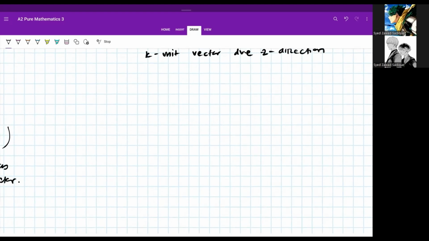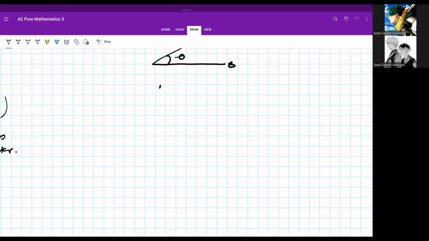Now, if there is an angle, so this is A, this is B, and this is theta, we can say A dot B equals A B cos theta.